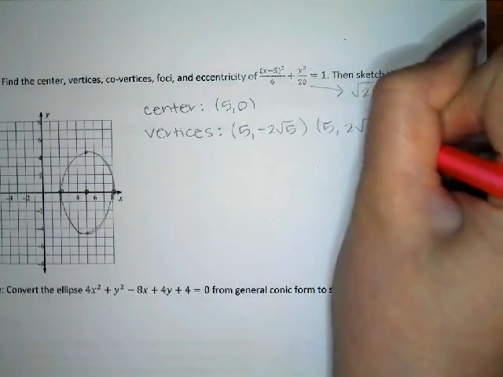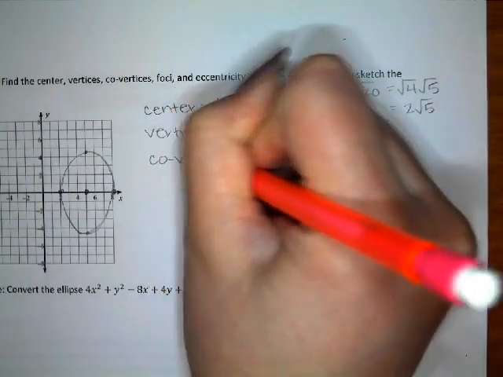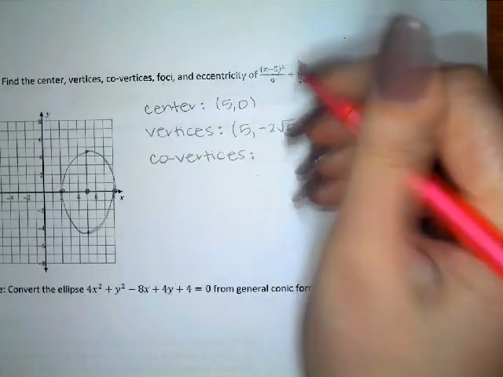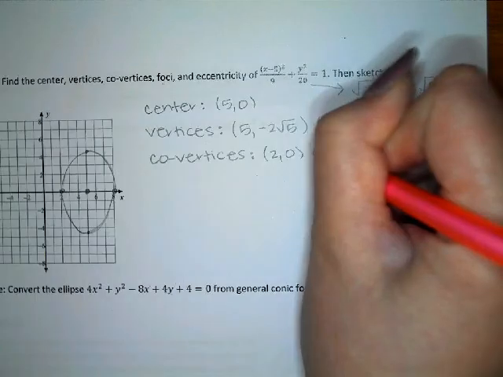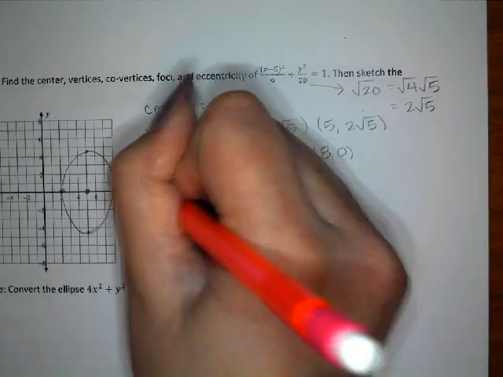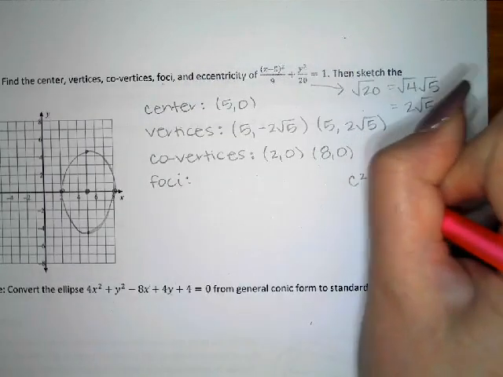Okay, the vertices. The co-vertices, we went left and right 3. So 5, 0, if we go left 3, that's 2, 0. Right 3 was 8, 0. To find the foci, we're going to do c squared is bigger minus smaller.